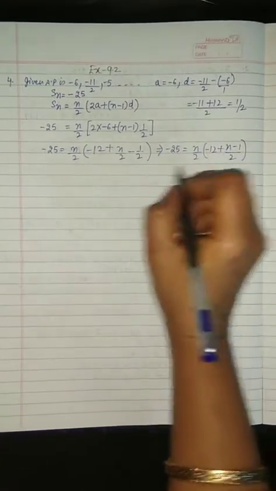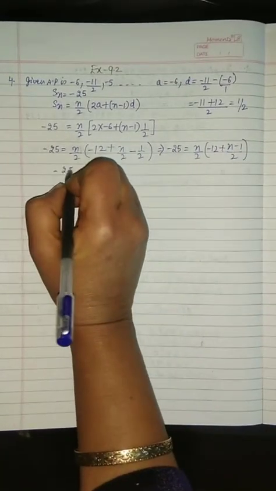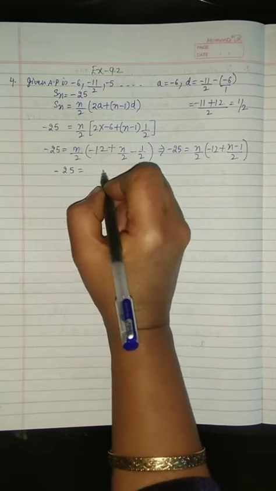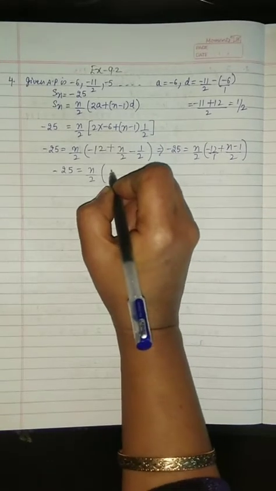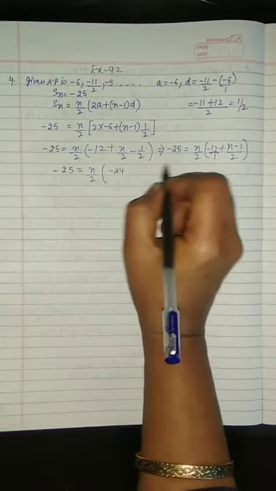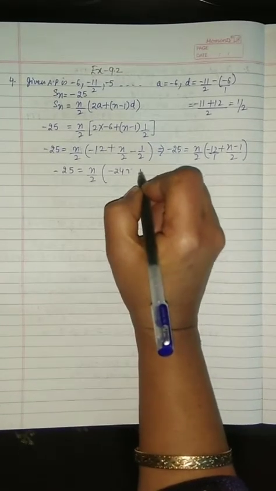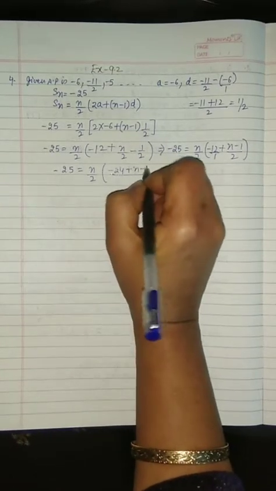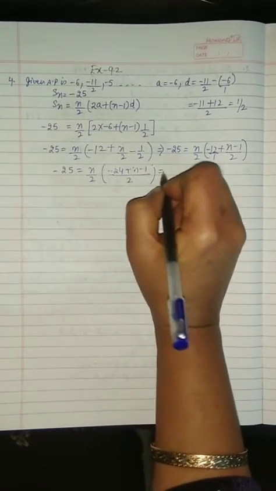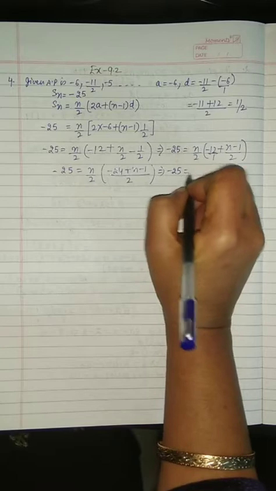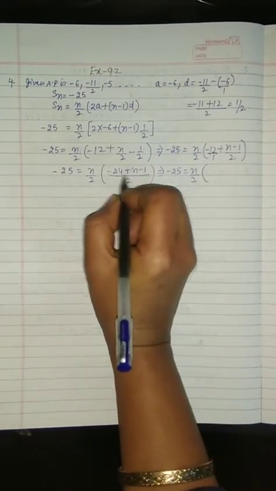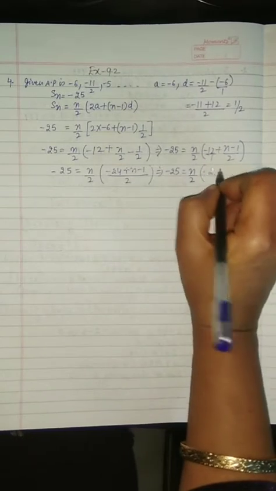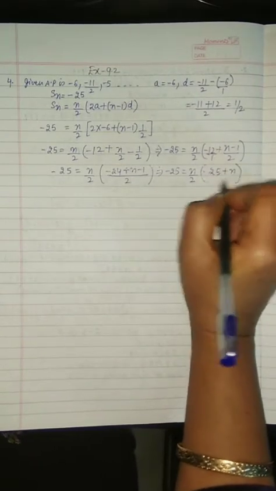Now it will be minus 25 is equal to n by 2. Again we will take the LCM of the terms within the bracket. So it will become minus 24 plus n minus 1 by 2. So it will become n by 2 into minus 25 plus n by 2.